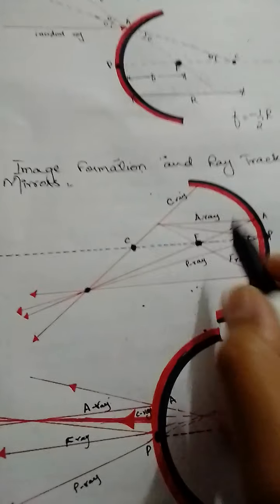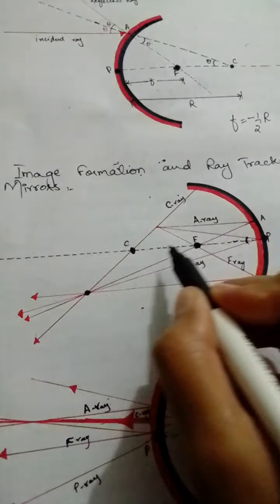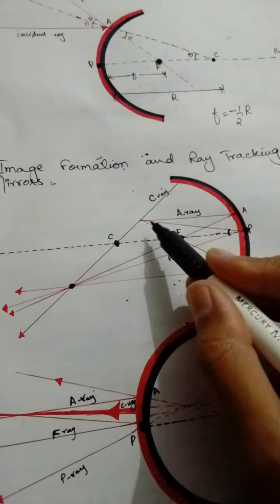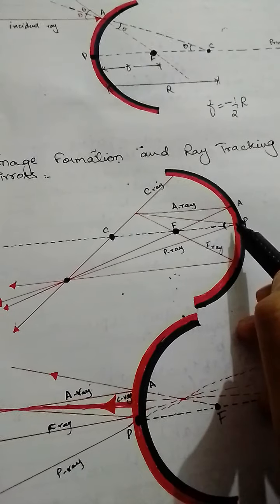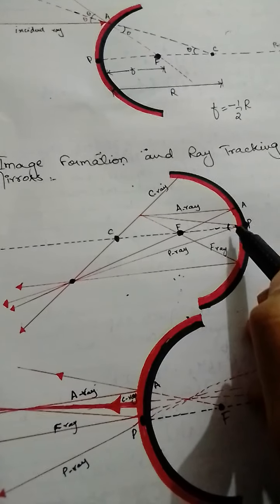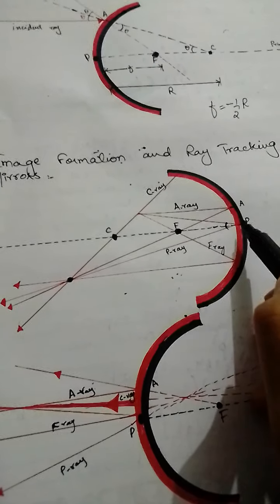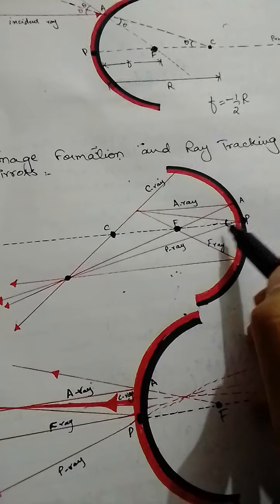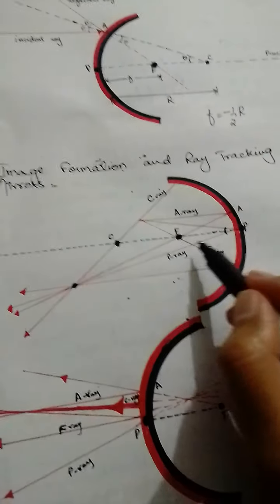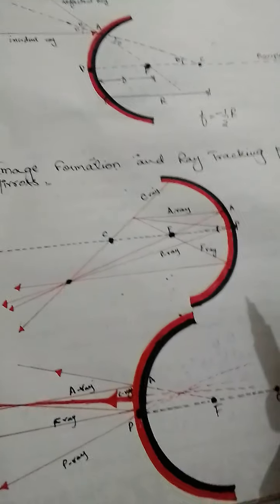In the case of the P ray, you can see the principal axis acts as the normal. This ray strikes the surface and gets reflected back, but you can see the principal axis lies just in the middle of it, making itself the normal to this incident and reflected ray. We can say it is the P ray in short.